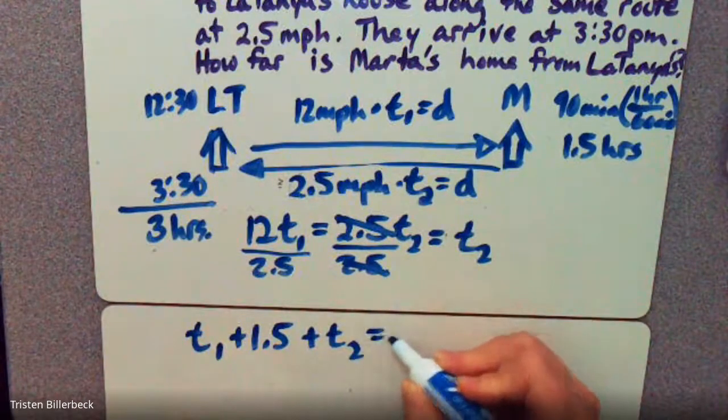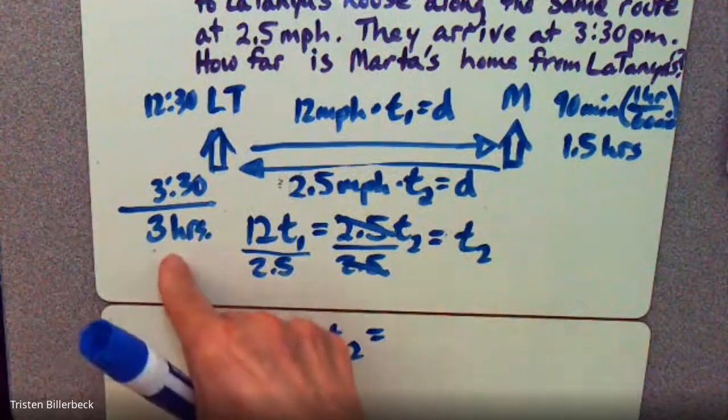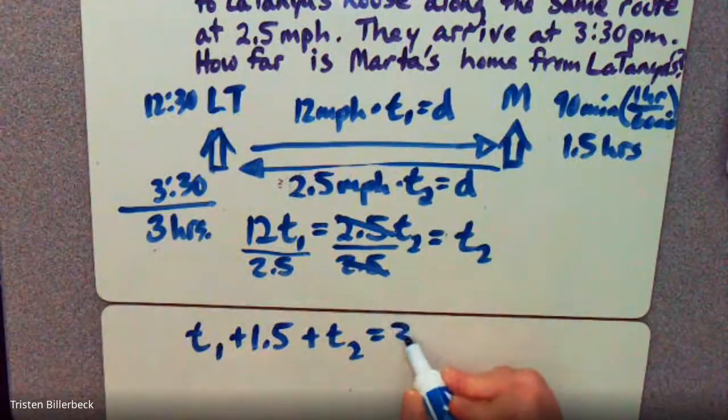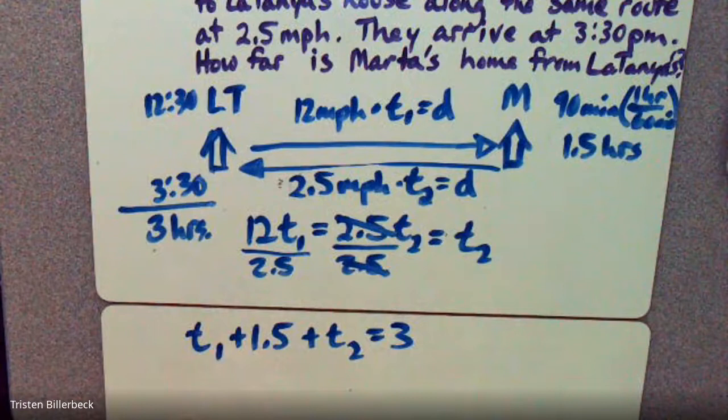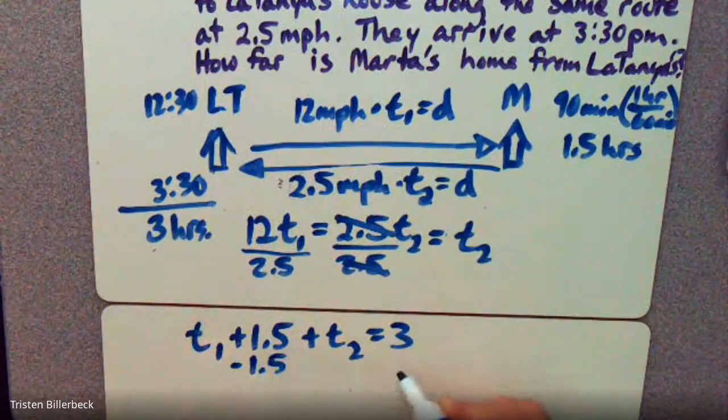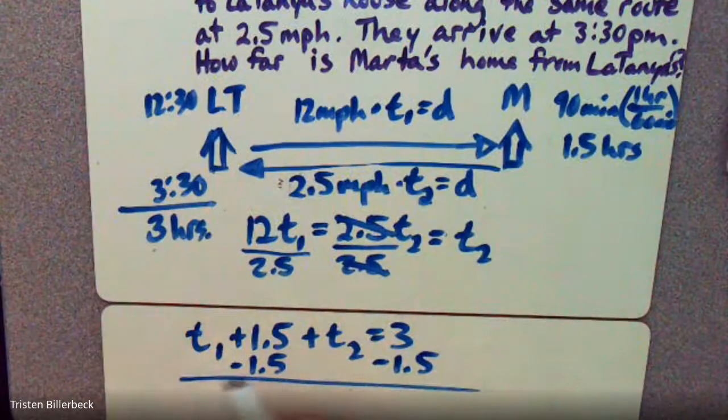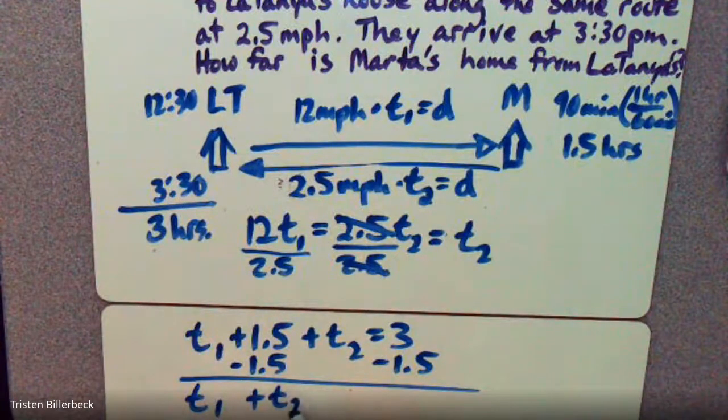And that total time added together was 3 hours. So we're going to move this 1.5 to the other side. And we have T1 plus T2 equals 1.5 hours.